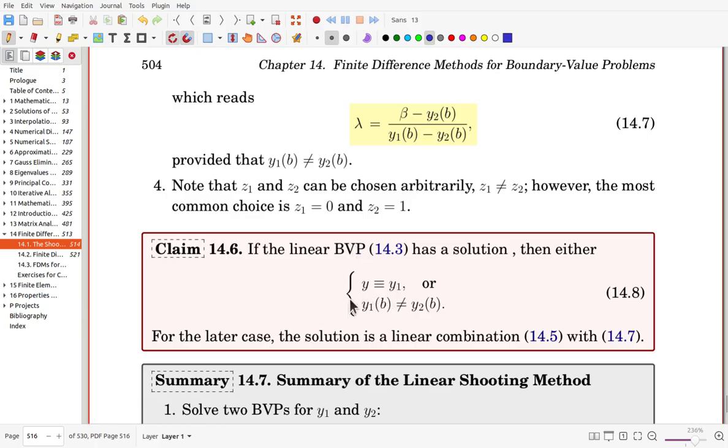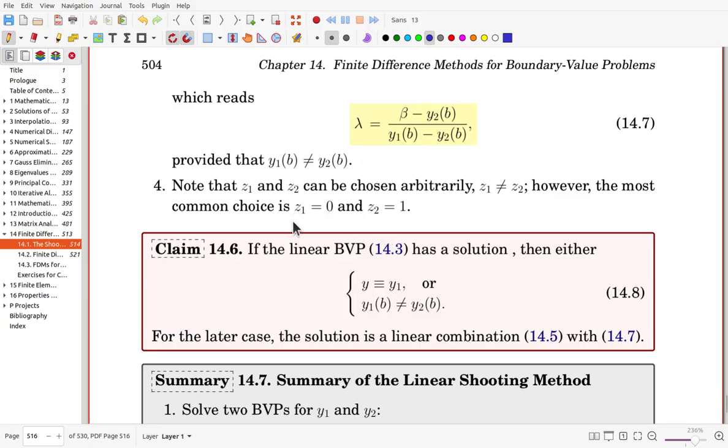Once we try to use the shooting method, either y1 and y2 are exactly the same, so that y can be decided from one of them, y1, or they are different, then at the last point, the right edge point, the two solutions have different heights, so that this bottom cannot be zero and lambda can be well defined.